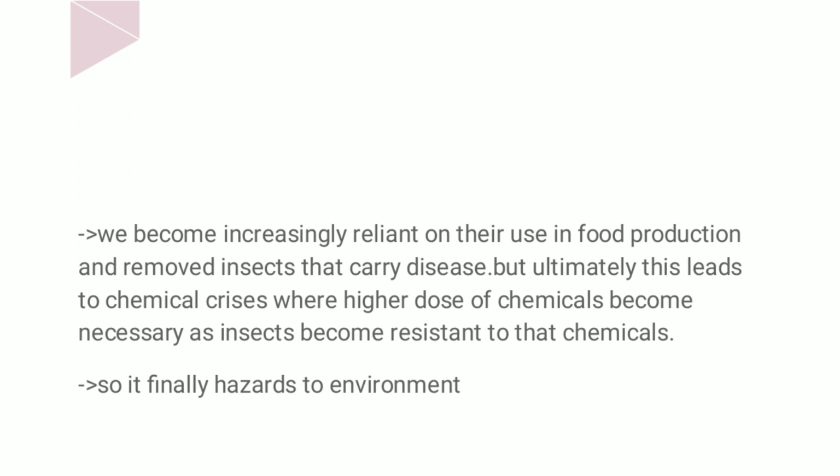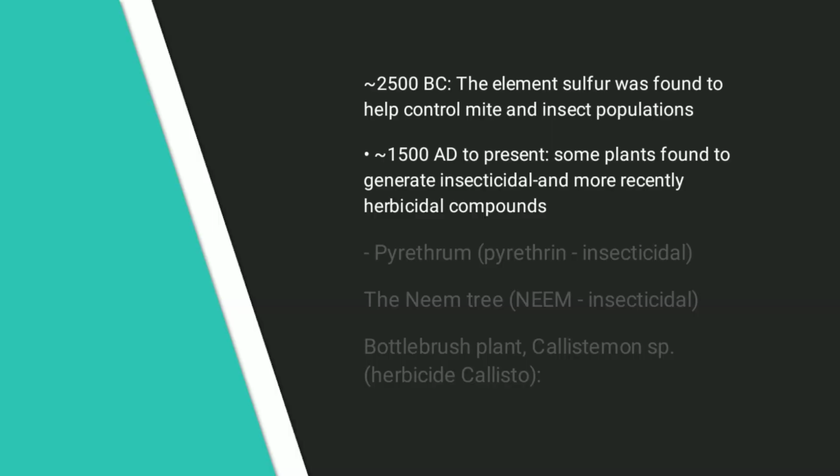We became increasingly reliant on their use in food production and to remove insects that carry diseases, but ultimately this led to a chemical crisis, where higher doses of the chemicals became necessary as insects became resistant to them, so finally it is a hazard to the environment.